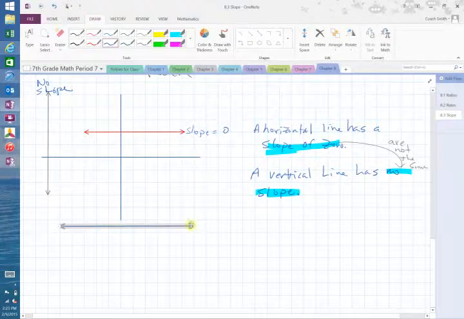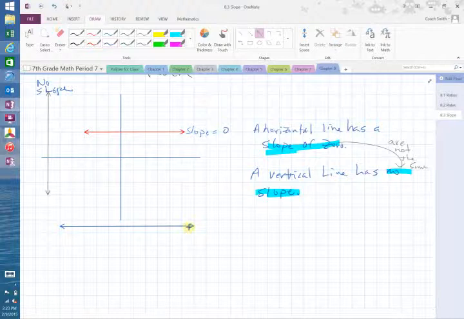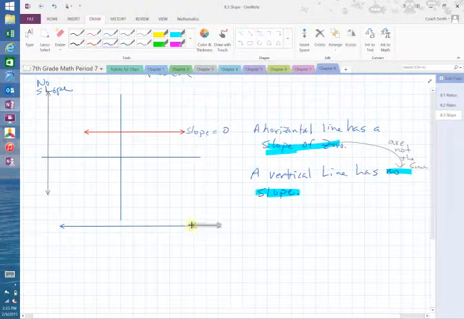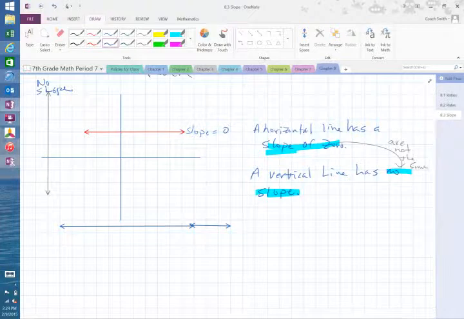But all I have to do is this. All you have to do is tilt that line one little bit, and that line goes from a horizontal line to now it's got a little slope to it.